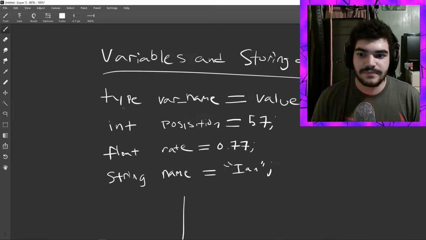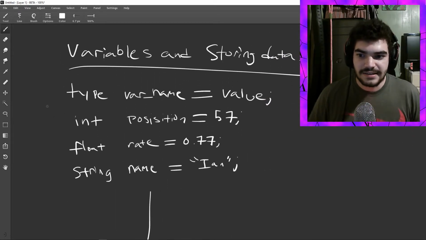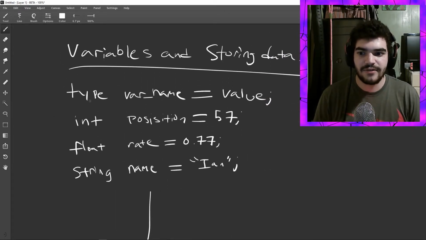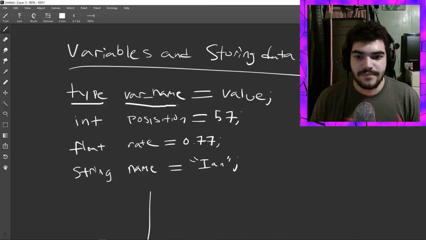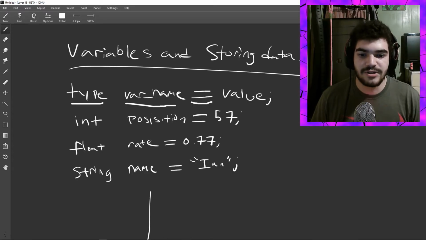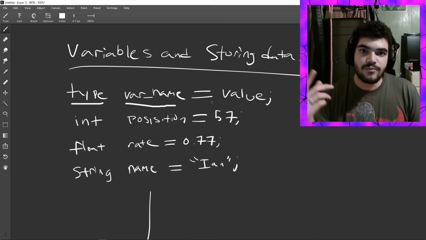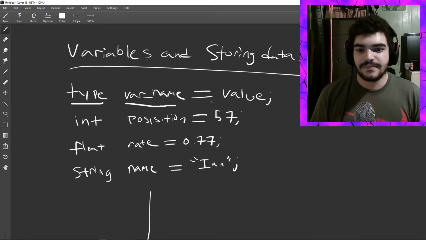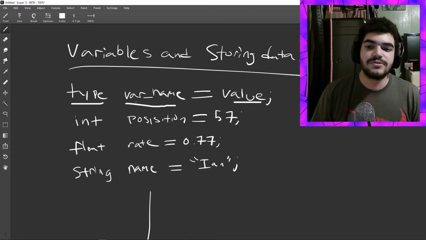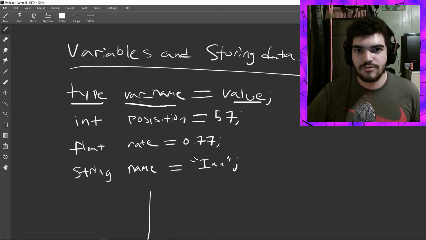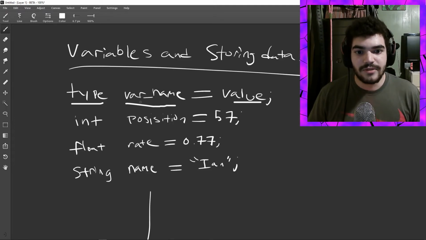So over here, the way that we create a variable is we have a variable type that we define. We've got the variable name. We have this symbol, which is the equal symbol, but we actually call it assign. So we assign the value to the variable, and that's how you create a variable within Processing.